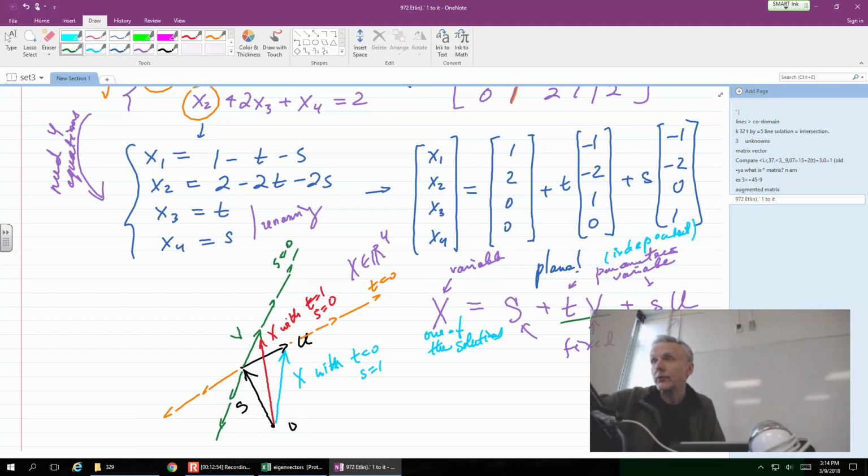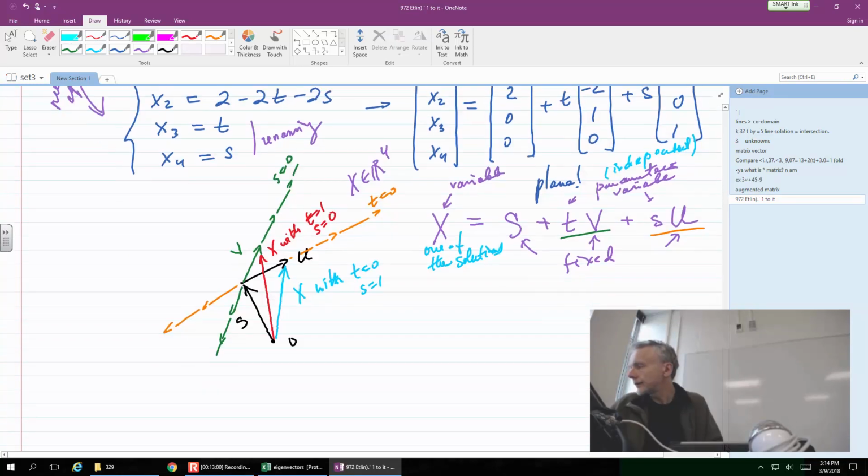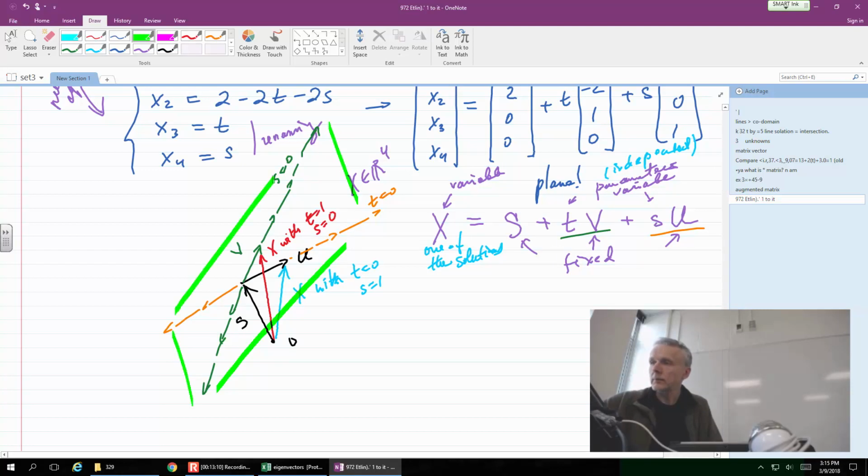So if I try to visualize this, maybe it might look like this. That's how I'm trying to visualize the plane here.